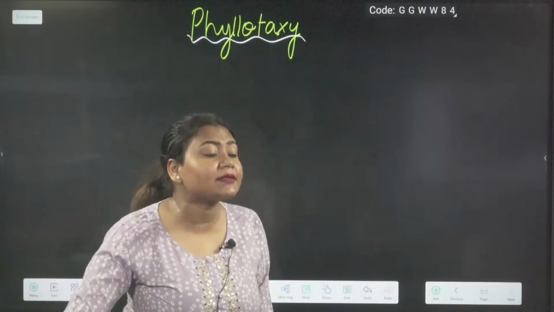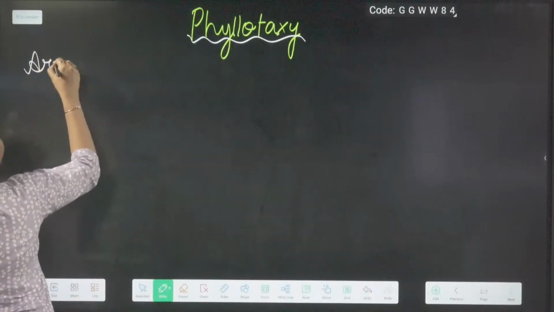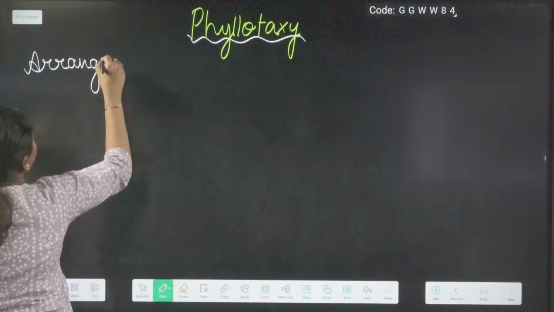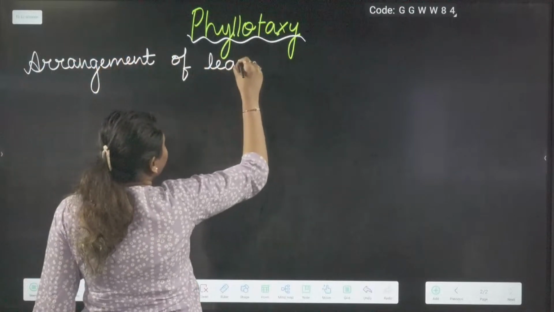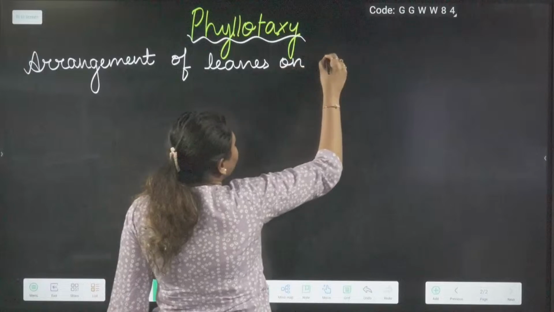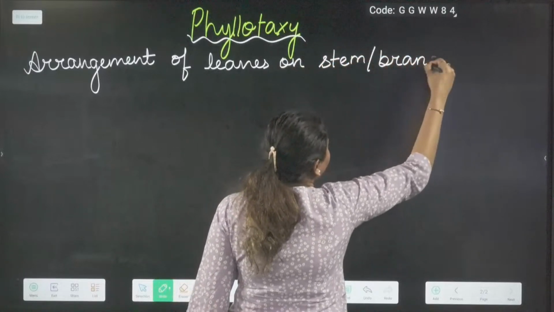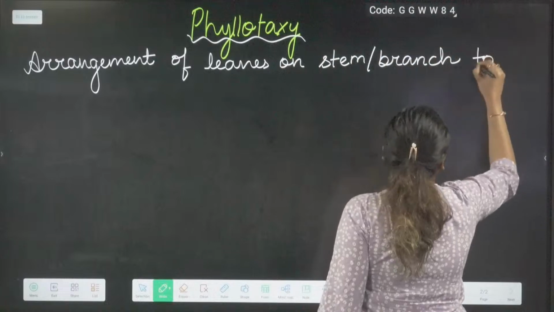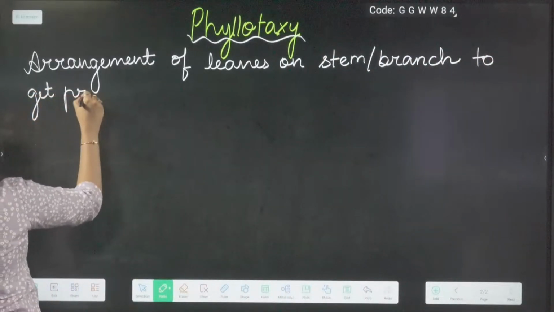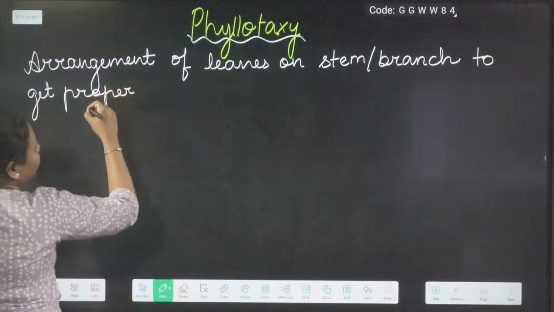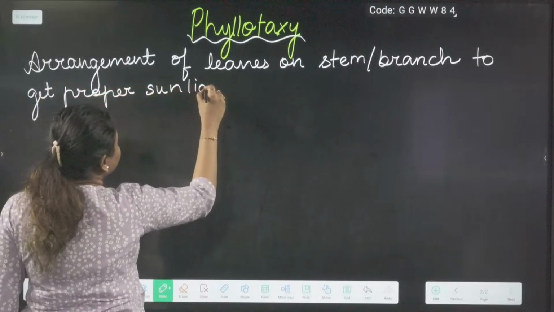In Phyllotaxy, what are we doing? Phyllotaxy is the arrangement of leaves on a stem or branch to get proper sunlight.